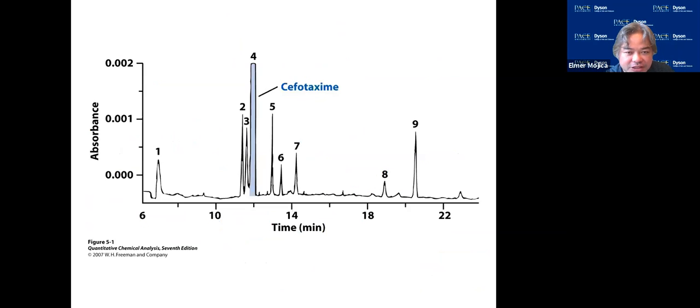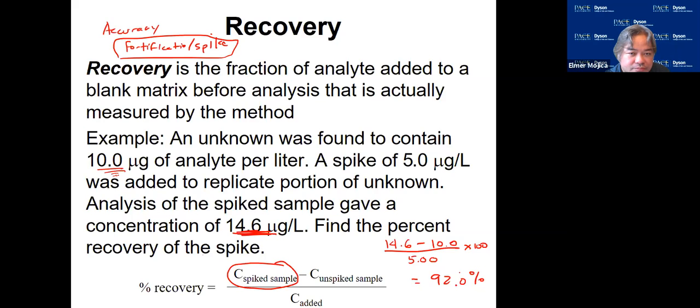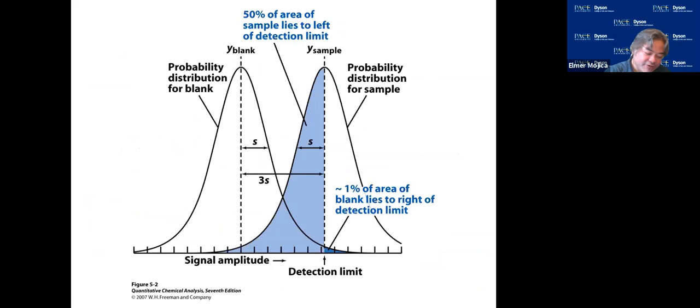So the next thing that we have, this is some sort of the recovery studies that you have. So how do we get the LOQ and the LOD? Okay, the detection limit. If you're going to look at the data that you have here, you have data that contains a blank and a sample.